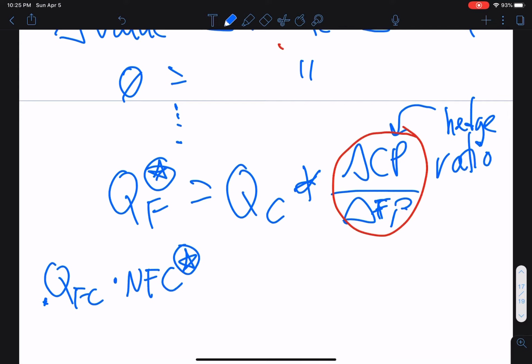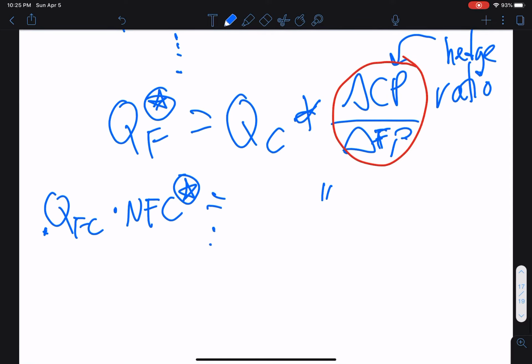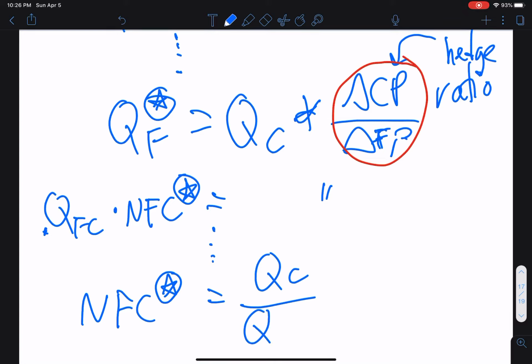So NFC star is the optimal number of futures contracts, and that is equal to the right-hand side in the equation above. Now, when we algebraically manipulate this for NFC star, we get that it's equal to Q sub C divided by Q sub FC.